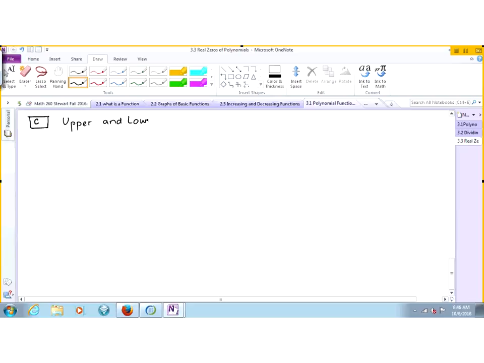So, the upper and lower bounds theorem. Let P be a polynomial with real coefficients.